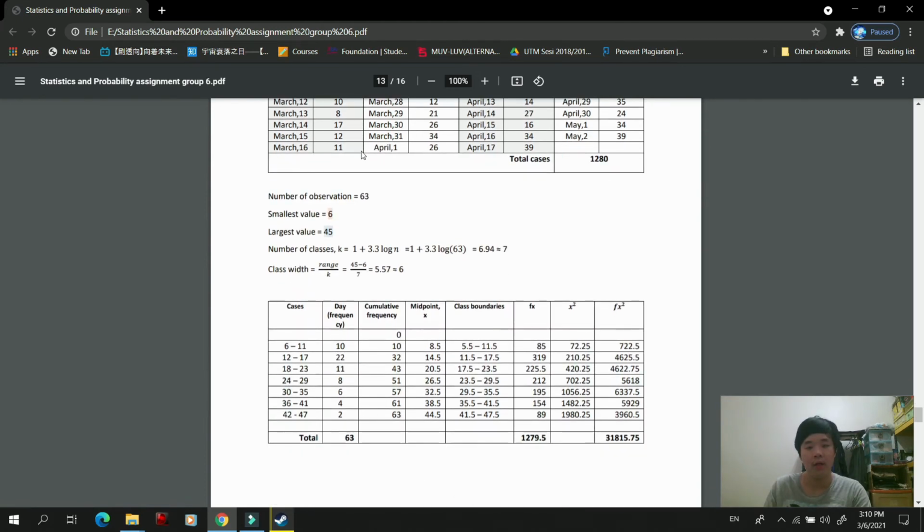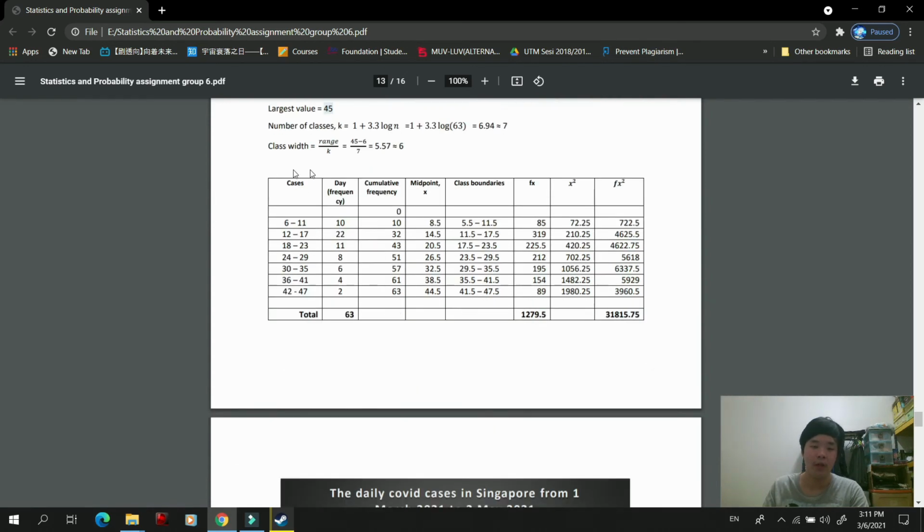Besides that, for the class width, we are using the range, the largest value minus the smallest value. We're using 45 minus 6 and then divide by 7, then we get 5.57, and we round it off, so our class width is 6.